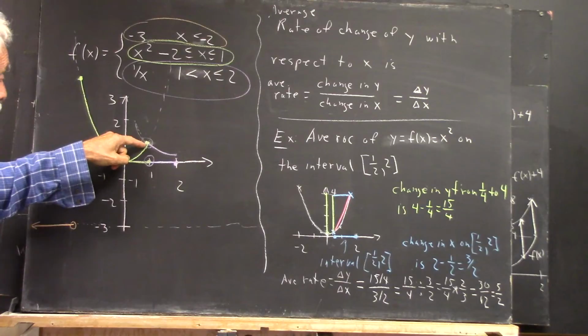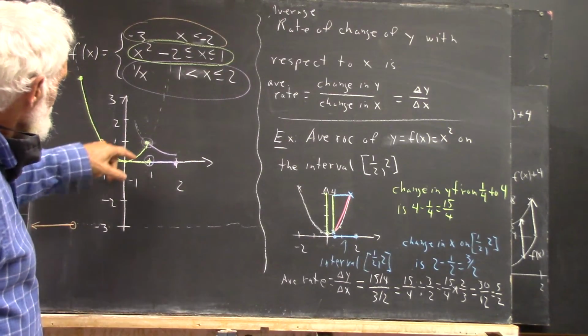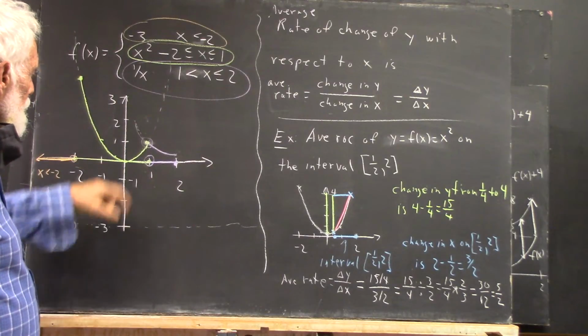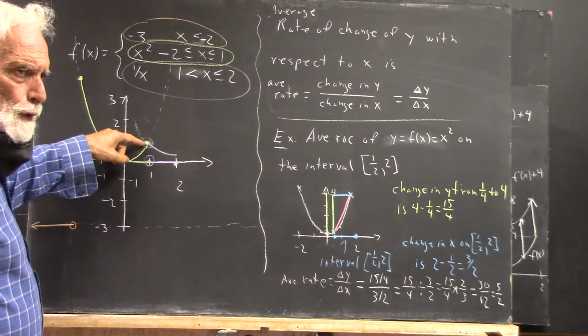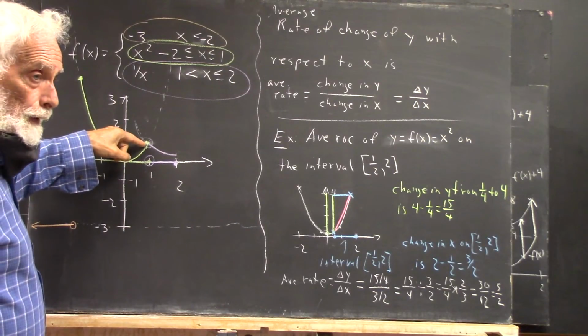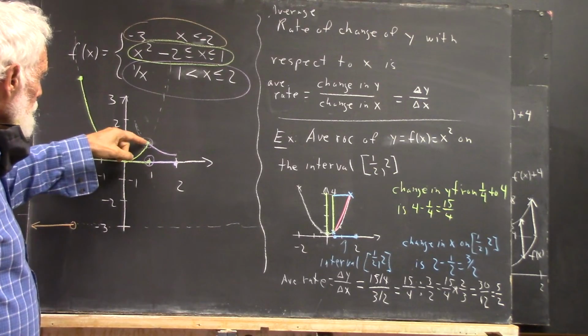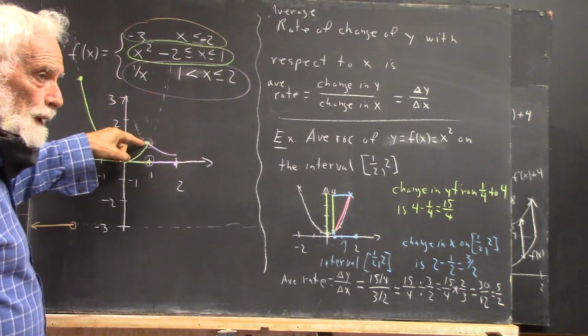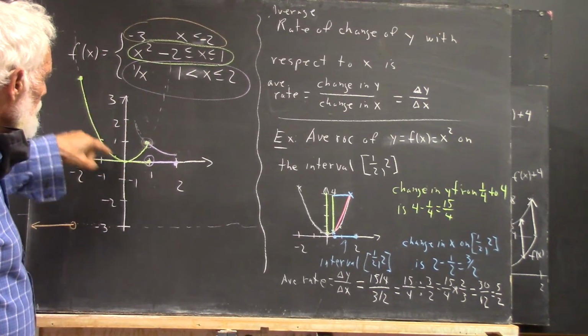This point is the same for the x squared function as for the 1 over x function. But I've got the green dot there, which is really not totally necessary. I've got the green dot there just to indicate that this point is included because it's part of the squaring function.